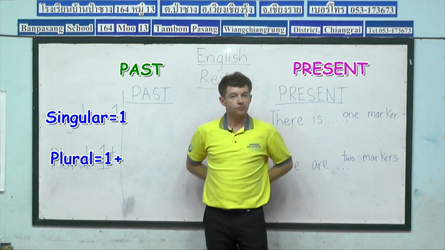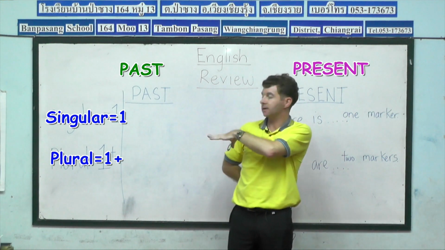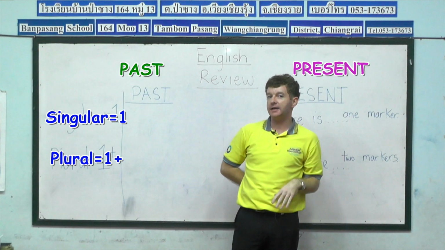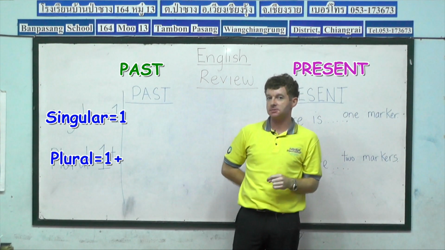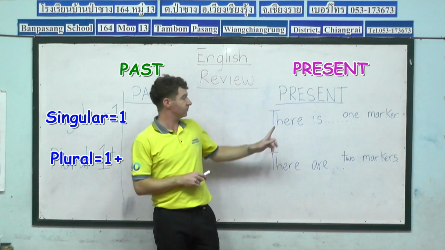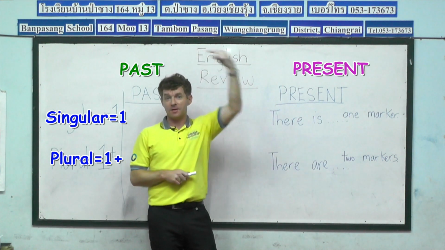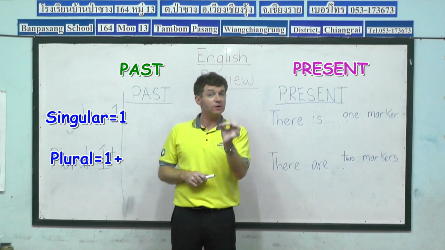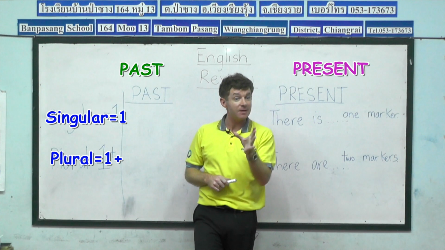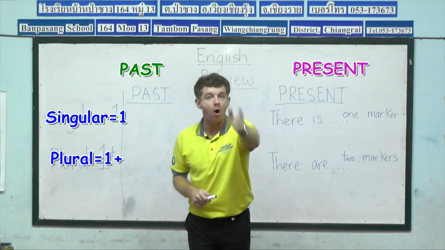Okay. But now, let's imagine the markers disappear. So, we're thinking back to when the markers were here, in the past tense. In the past tense, for one marker, will we say there is? No. When we move into the past tense, the word we use begins with W. Can anybody remember? There was.